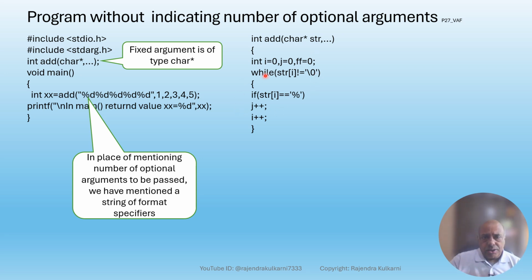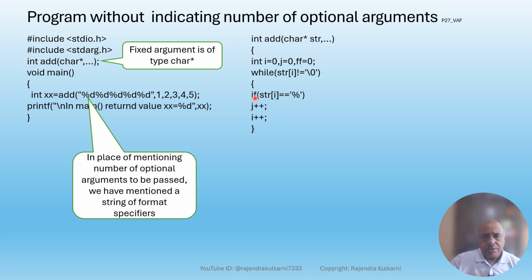Now what we are doing here is checking the string in this while loop. This while loop will run till it encounters \0, which indicates the end of the string. Here, if str[i] is equal to the % sign, we are advancing the variable j, which was initially 0, every time the loop executes.